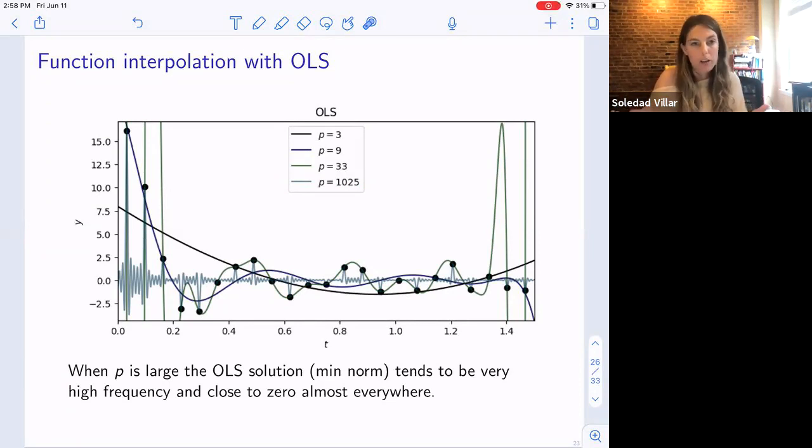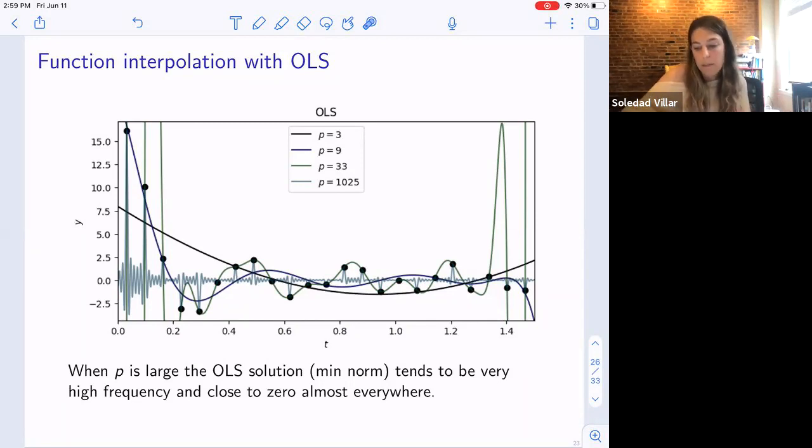In this Fourier context, the Fourier coefficients have the same norm as the function. If you look at the Fourier transform of a function, it has the same norm as the function. That's Plancherel's theorem, I think. So minimizing the norm of the Fourier transform is basically minimizing the norm of the function. That's what you get.